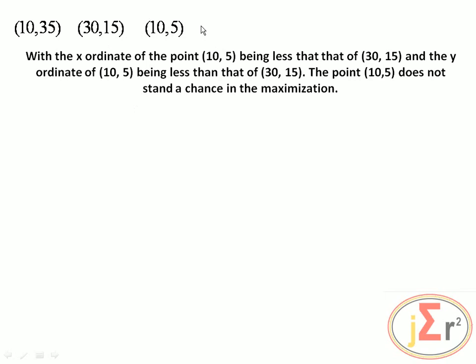So both ordinates are less than both ordinates here. And of course, if we compare it with this, it is still out because the x ordinates are equal and the y ordinate here is less. So this will definitely contribute less to the objective function than this. So both other points will eliminate 10, 5 automatically.